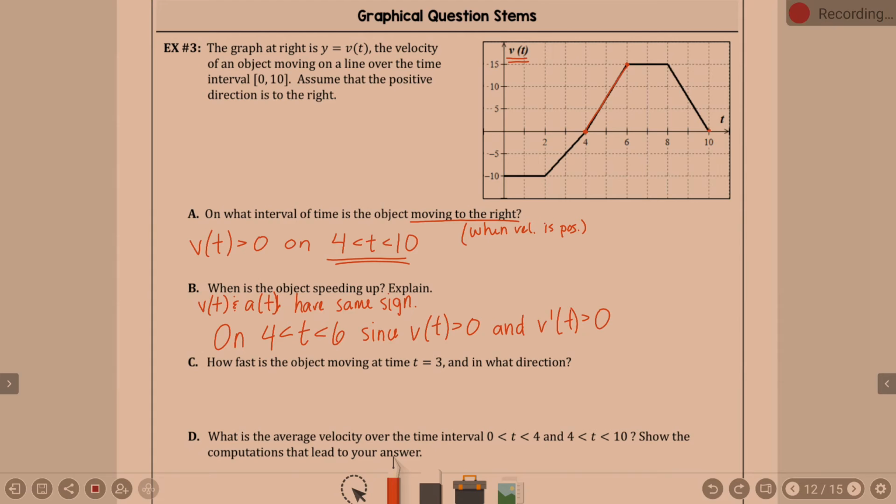How fast is the object moving at time t equals 3 and in what direction? It's negative 5. Going to the right? How fast? 5. We'll talk about direction in a moment. How fast is the object moving? 5.